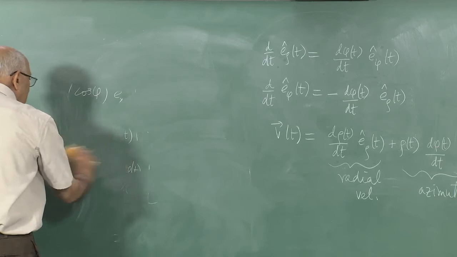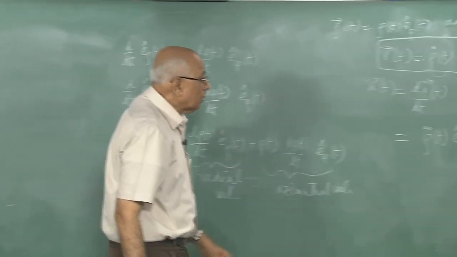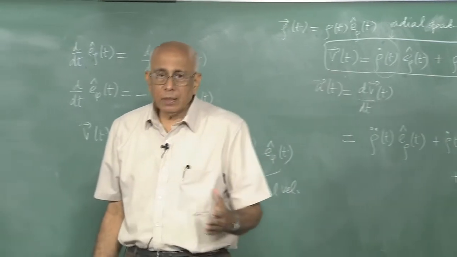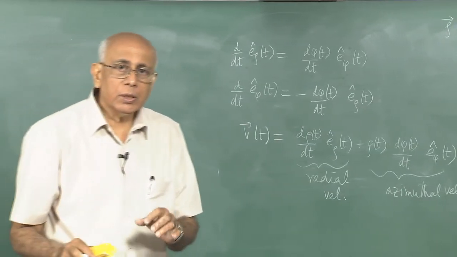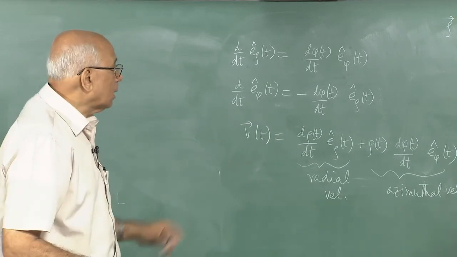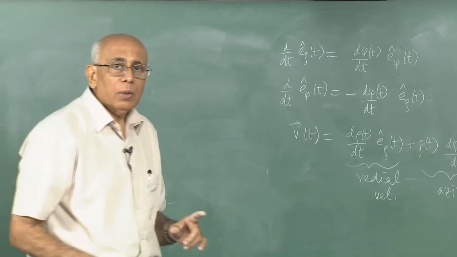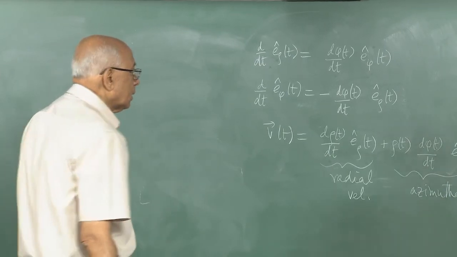Our target again is to exploit the fact that finally the acceleration, again being a vector in the plane, should be decomposable into a portion which is proportional to E sub rho of t and another portion which is proportional to E sub phi of t. So we need to find out what is the radial component and what is the azimuthal component for the acceleration, and that is where we are headed.